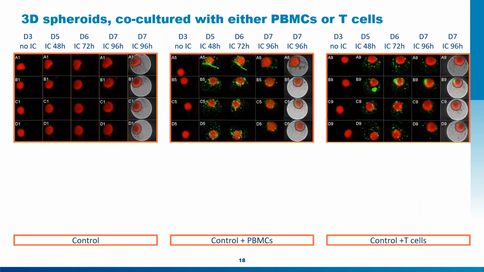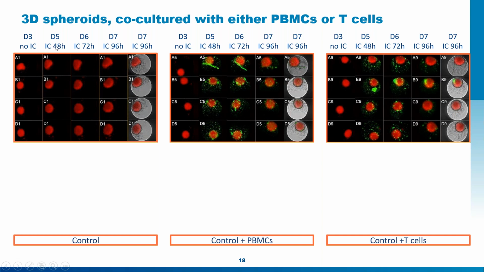The improved model for 3D is to have a co-culture of tumor cells and immune cells. This is an example of tumor cells that are expressing a red fluorescent marker here.